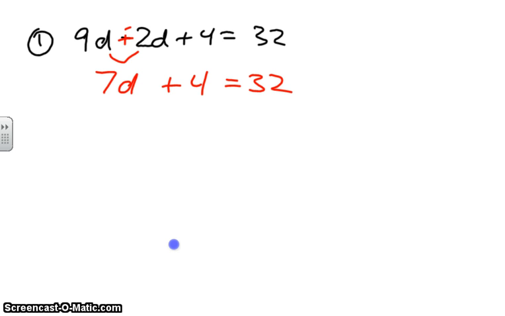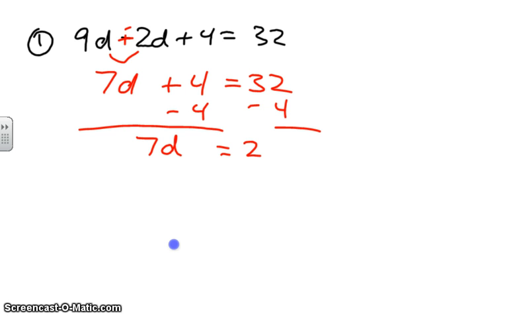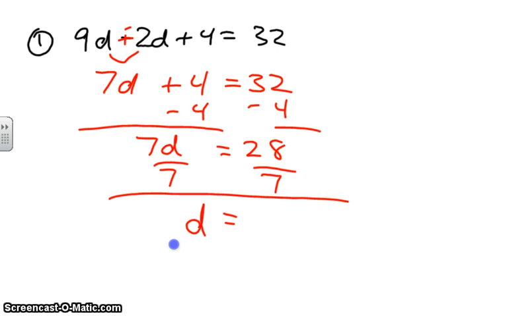And of course we use our subtraction property of equality. 7d now equals 28, right? And we divide by 7. d equals 4. Did you check that out in the original equation? Let's see, if d equals 4, 9 times 4, 36, minus 8 would be 28, plus 4, yes, it's 32.